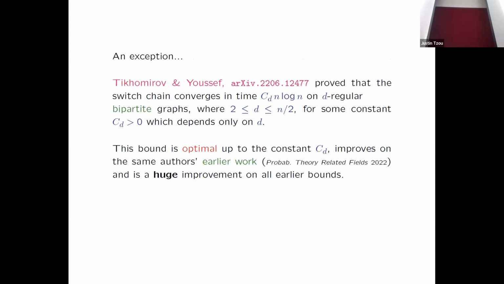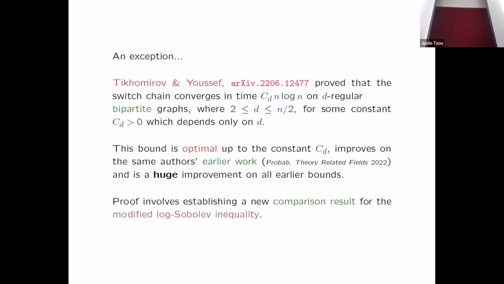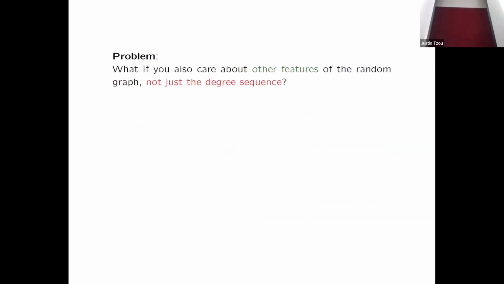It's a huge improvement on any other bound that we knew before, except their own previous work, which was also very good. They use something called a modified log-Sobolev inequality, which is a much more direct way to bound the eigenvalues. That's why they were able to get a much better result, but it's extremely technical and impressive work. Okay, so that's what I want to say about the switch chain.